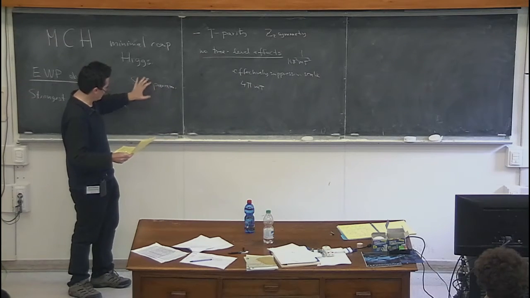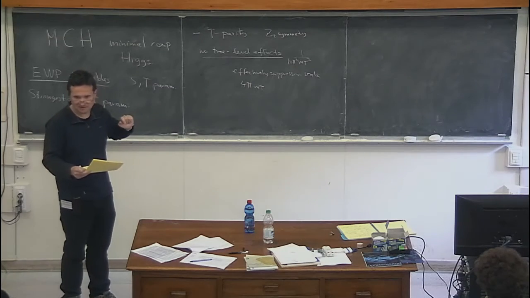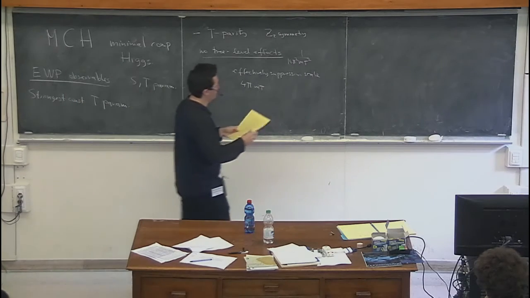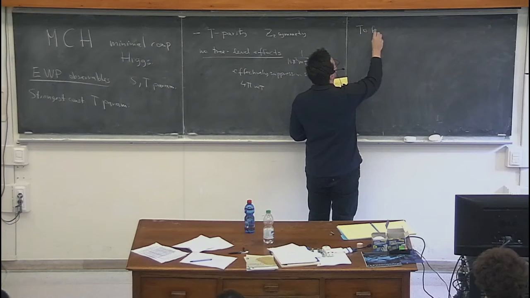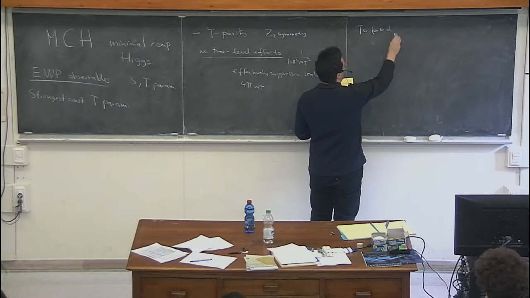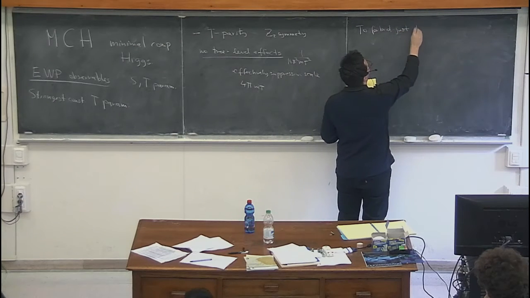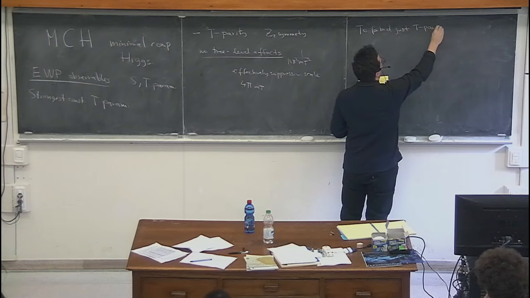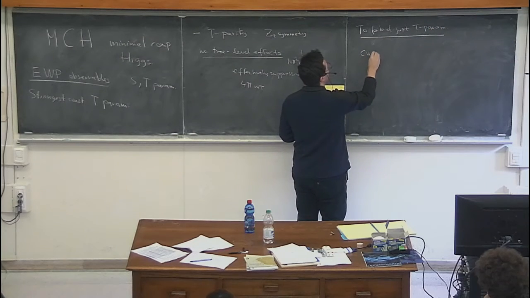I will only be focusing, at least to leading order, on the one for the T parameter, and for that one there is actually a symmetry that can forbid large corrections to the T parameter. Okay, so to forbid just the T parameter, there's something called the custodial symmetry.